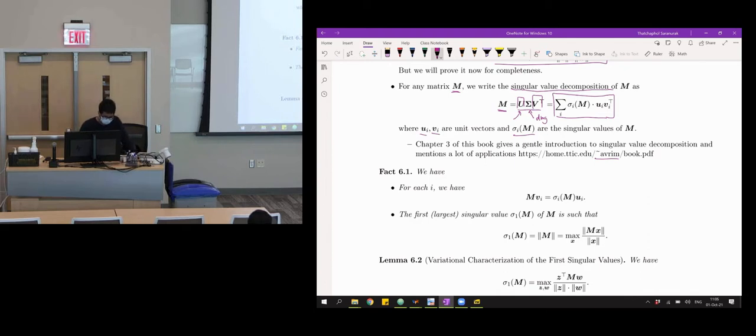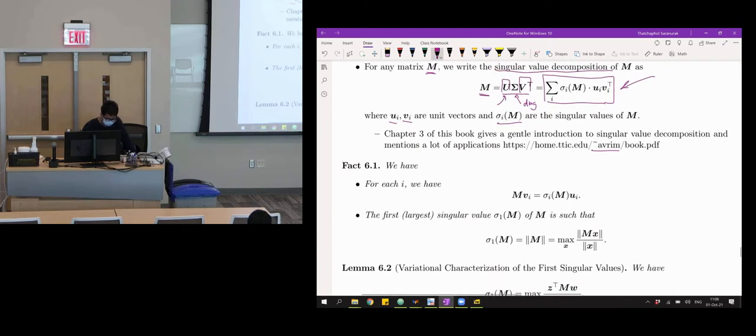What we will need from this decomposition is just that for each i, basically v_i will be mapped to u_i. So it's similar to an eigenvalue, but now you apply M to v_i and you get u_i with this scaling.